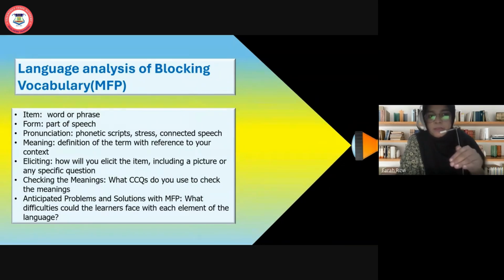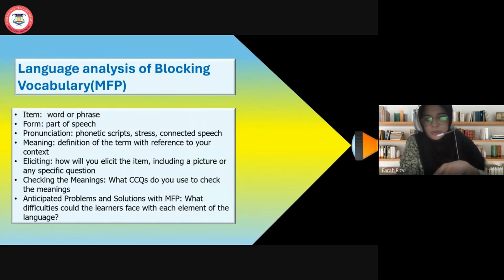Then you will talk about its pronunciation, like how to write it in phonetic transcription, stress, intonation, connected speech. Then you are going to talk about its meaning, its dictionary definition with reference to your context. Eliciting: you are not going to tell them directly, you are going to ask through questions or pictures. Checking the meaning: you have delivered the concept, now you are going to design CCQs to check whether they have grasped the concept or not.